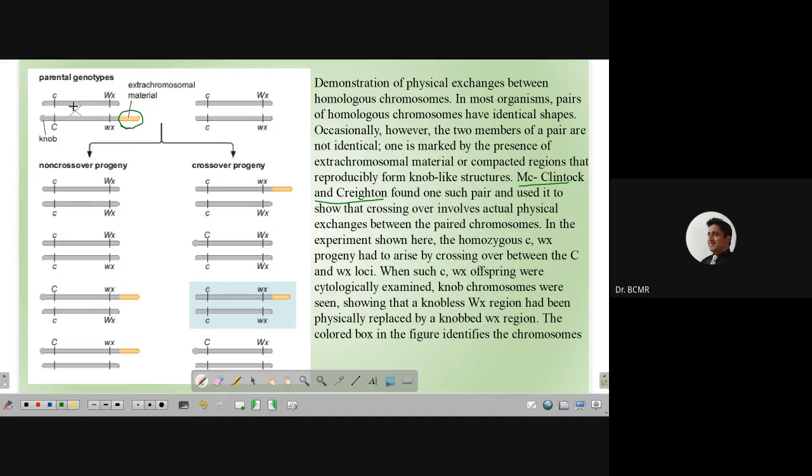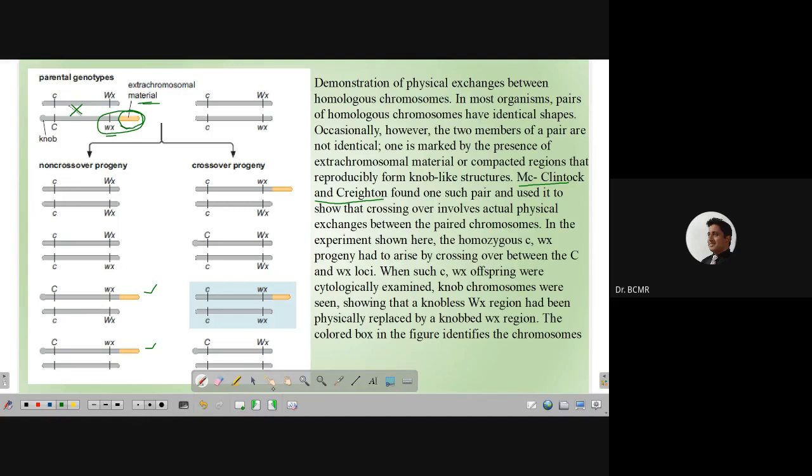So if crossing over happens between them, what would occur then? Will this go to the other chromosome or not? What they observed is that this whole part, W X, small w, small x, always goes with this extra chromosomal material. Anywhere you see, it's always linked to it.